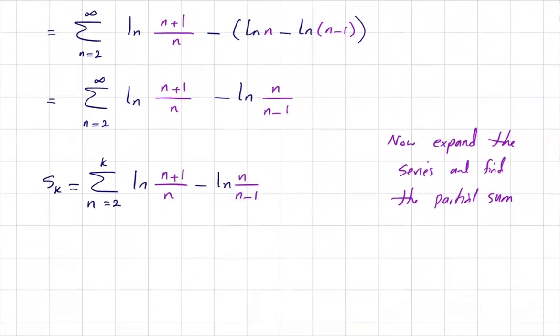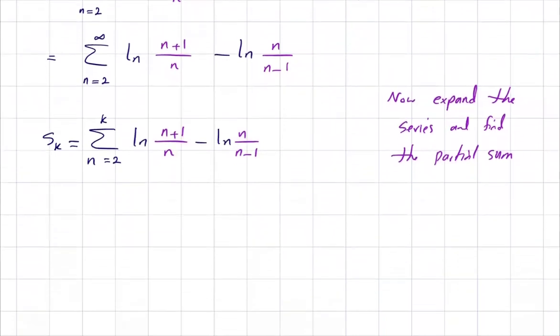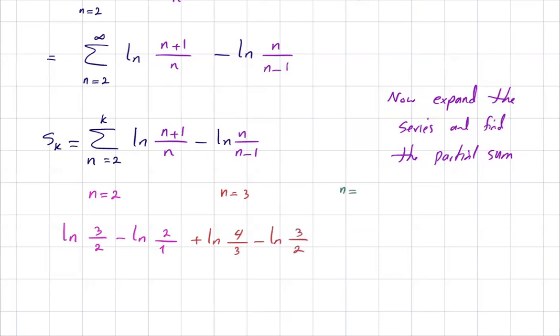So let us begin. When n is equal to 2, we have ln of 3 divided by 2 minus ln of 2 over 1. When n is equal to 3, you have ln of 4 divided by 3 minus ln of 3 divided by 2. When n is equal to 4, you have ln of 5 divided by 4 minus ln of 4 divided by 3.